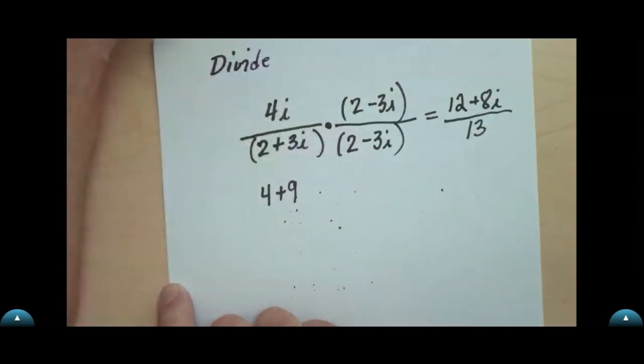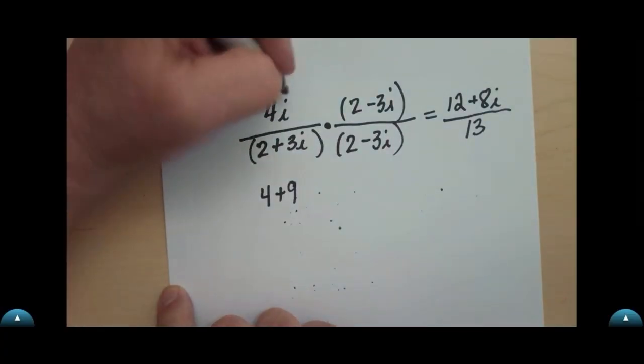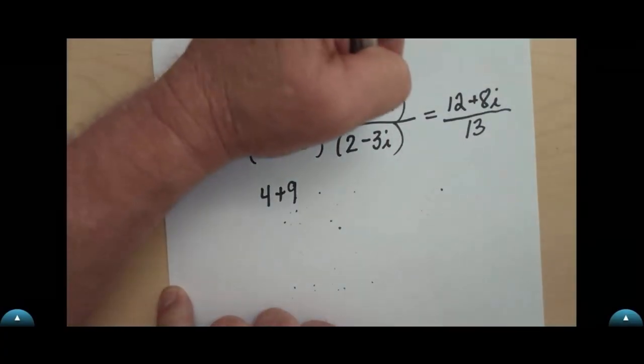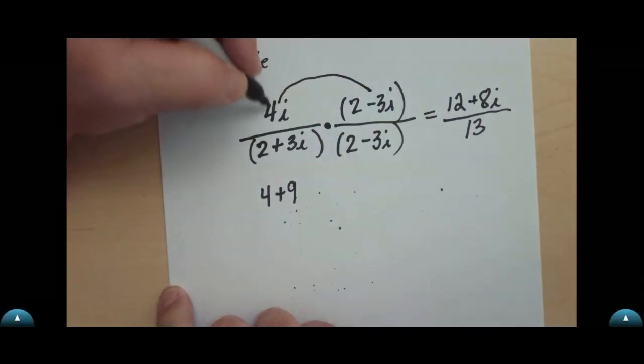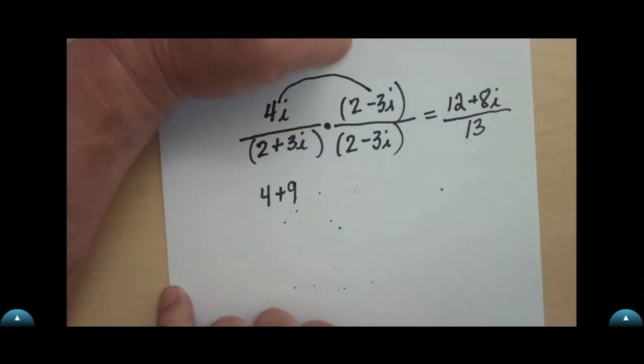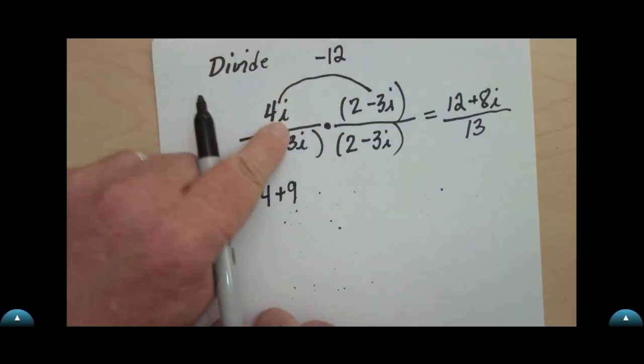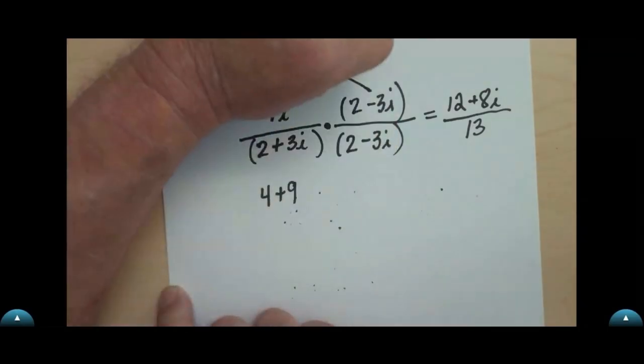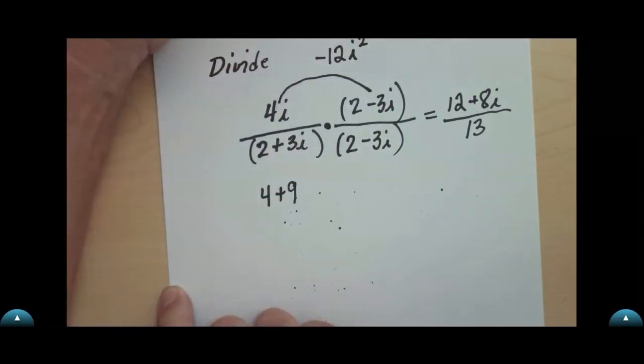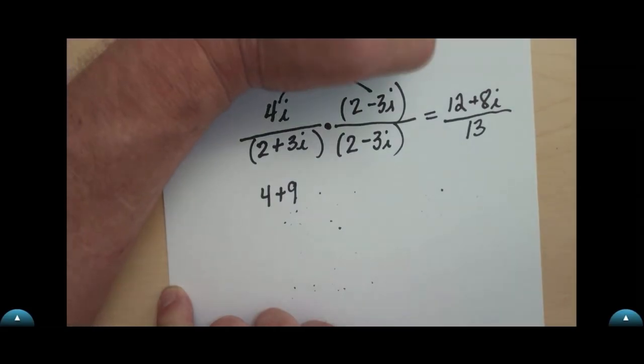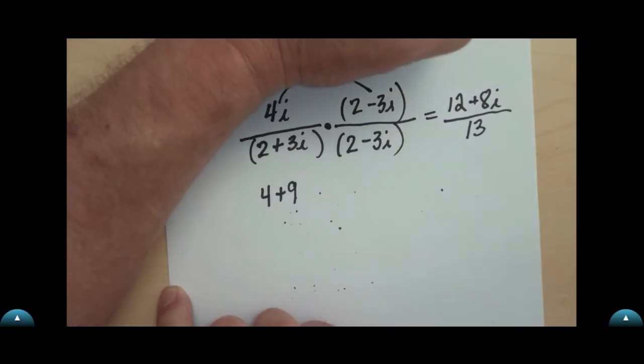And if you don't remember the little trick there, when I do 4i times negative 3i, 4 times negative 3 is negative 12. i times i is i squared. But remember, since i is the square root of negative 1, then i squared must be negative 1.